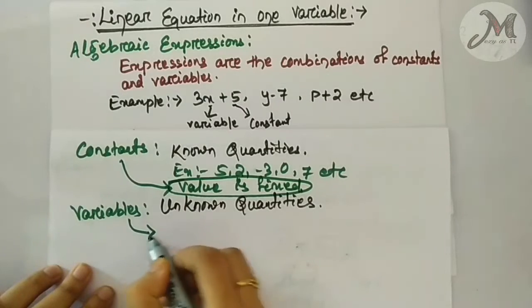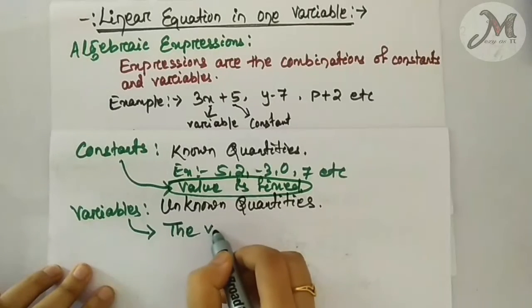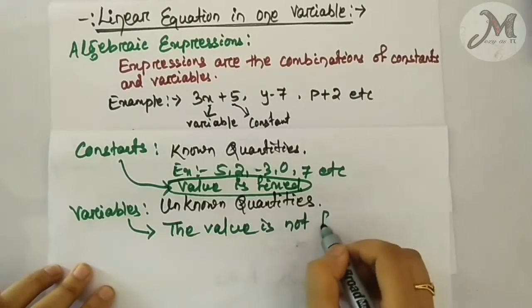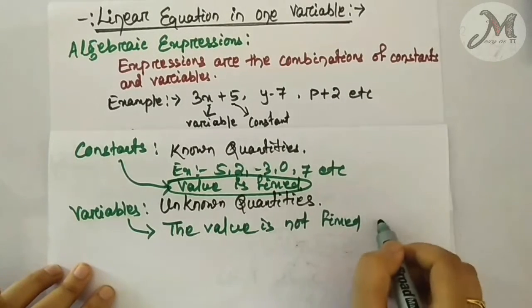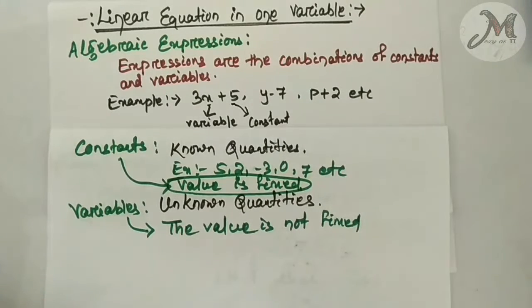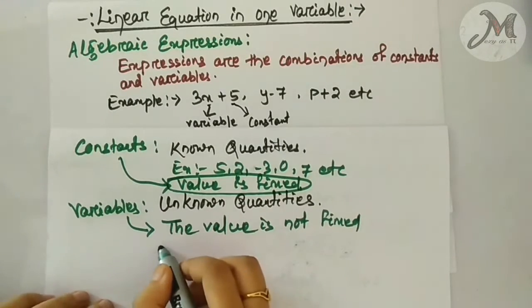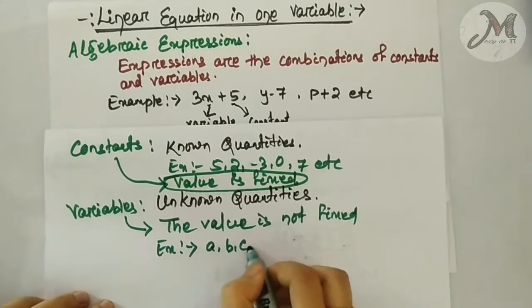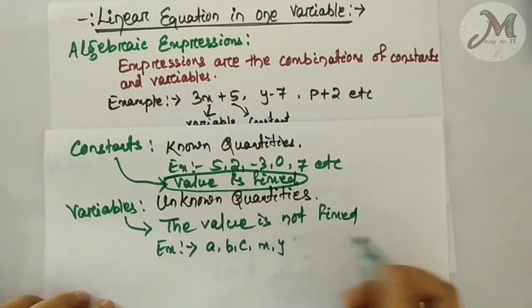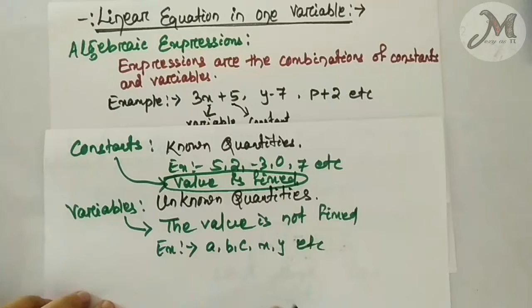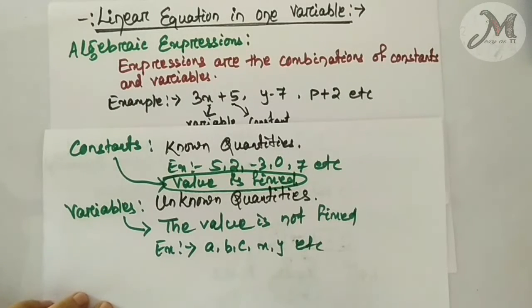But in the case of variables, the value is not fixed. We generally denote variables using small alphabets, for example, a, v, c, x, y, etc. So these variables can take any value.